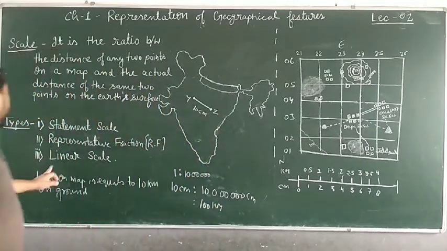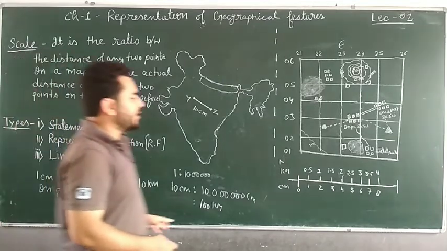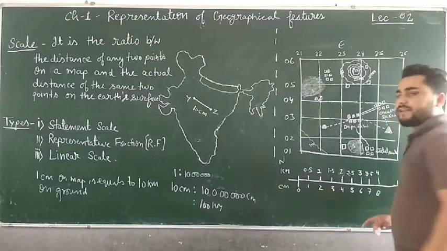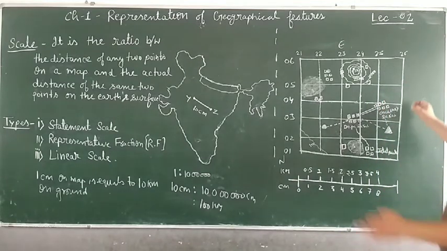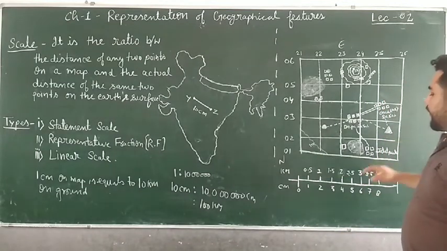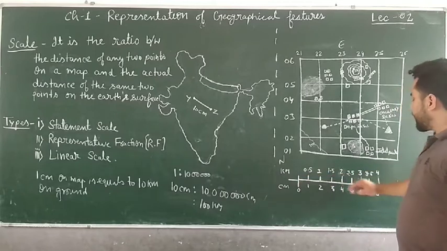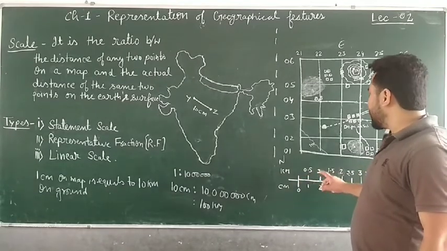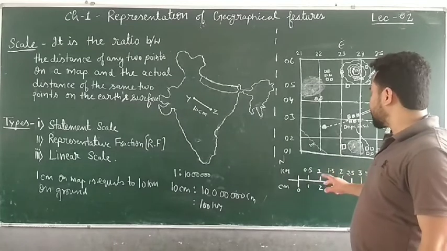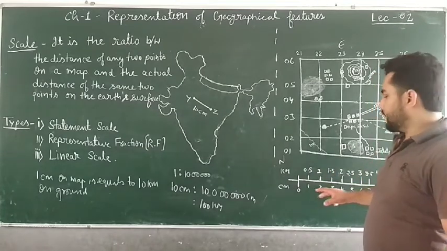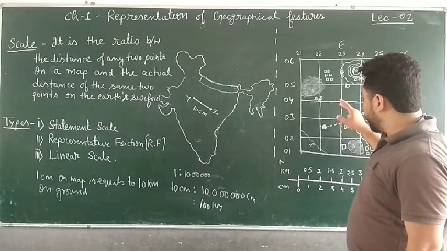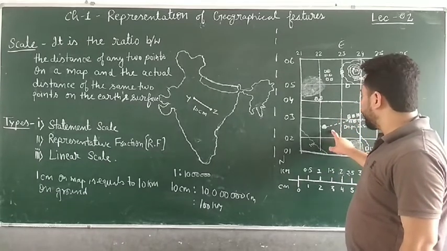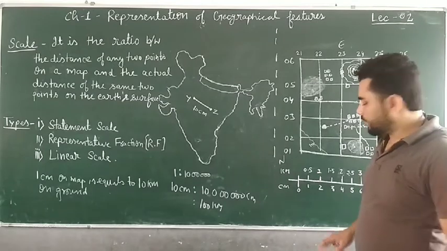Now the third is linear scale. Sometimes this type of line is there on a topo sheet, a topographical map, and below that this type of scale is drawn. This scale tells us how many centimeters on paper will be equal to how many kilometers on ground.